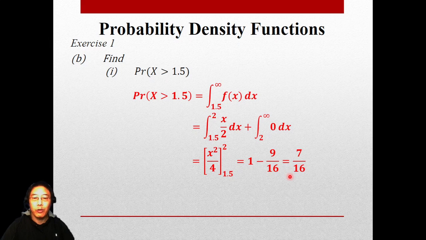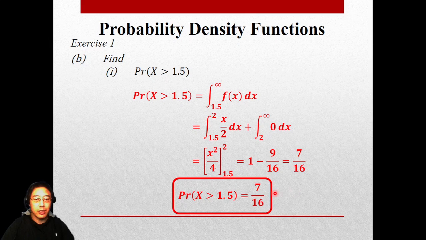Notice that because it is a probability, the answer has to be between 0 and 1. If it is different, then you made a mistake along the way. So here is our probability.